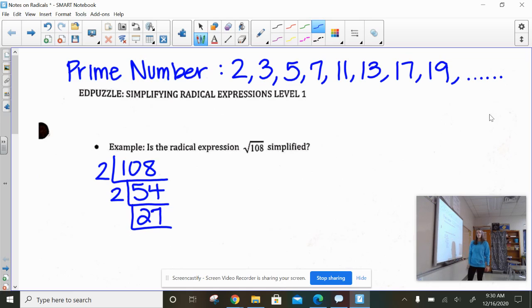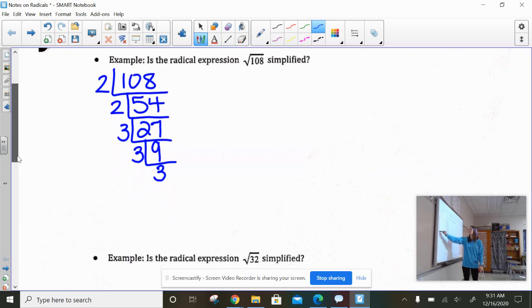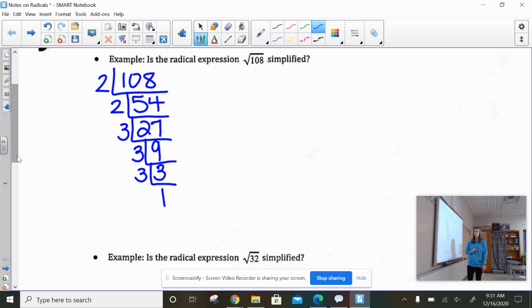Now this will not divide by 2, but it will divide by 3, and you get 9. You can divide 9 by 3 and get 3. And then you go until you get to 1, so I'm going to divide by 3 one more time, and I get 1. This is why we call it the upside down birthday cake, because you go all the way till you get to a 1, and this is like your candle.